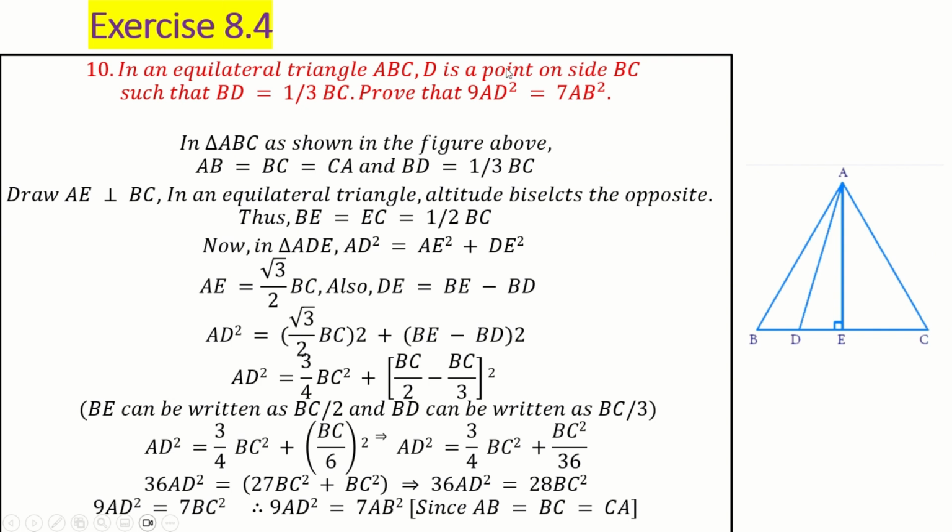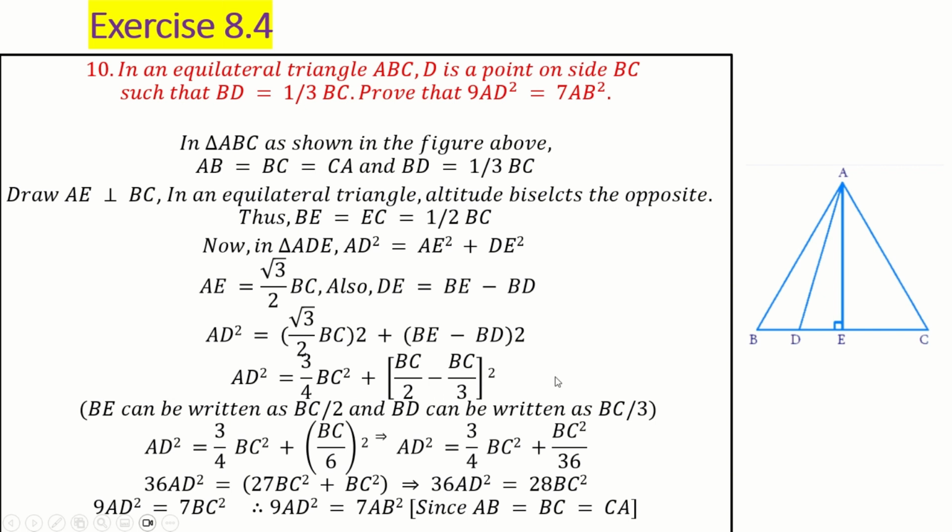Now we need AD, right? Everywhere ADs we need. So AD square equals AE square plus DE square. AE is square root of 3 by 2 BC, correct? So DE equals BE minus BD. If you substitute them, what you will get is AD square equals 3/4 of BC square plus BC by 2 minus BC by 3 whole square.